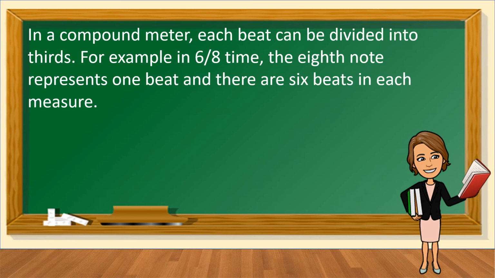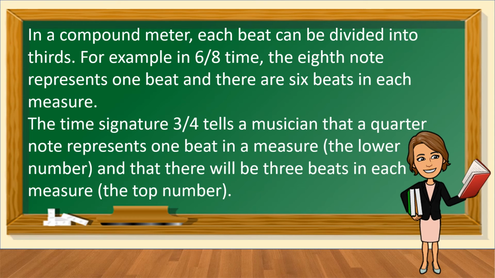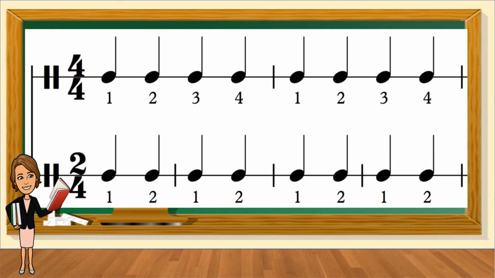In a compound meter, each beat can be divided into thirds. For example, in 6/8 time, the eighth note represents 1 beat and there are 6 beats in each measure. The time signature 3/4 tells a musician that a quarter note represents 1 beat in a measure, the lower number, and that there will be 3 beats in each measure, the top number.